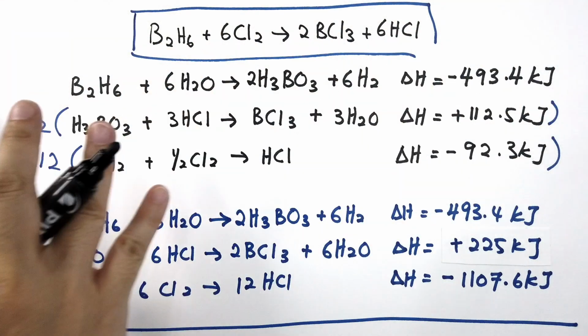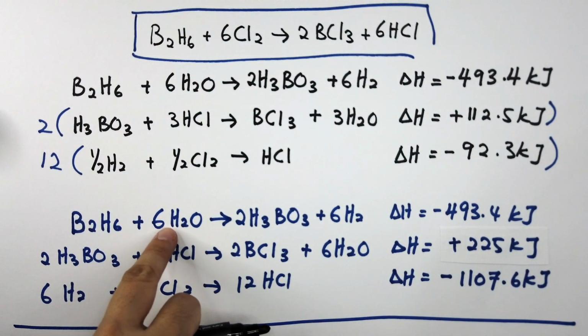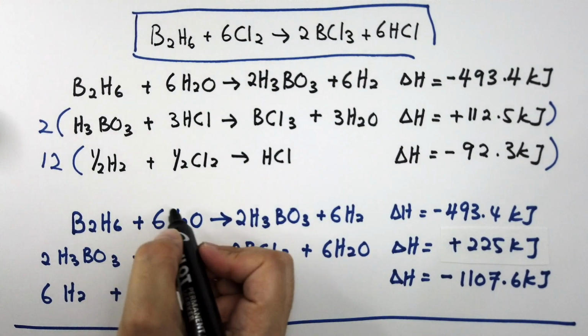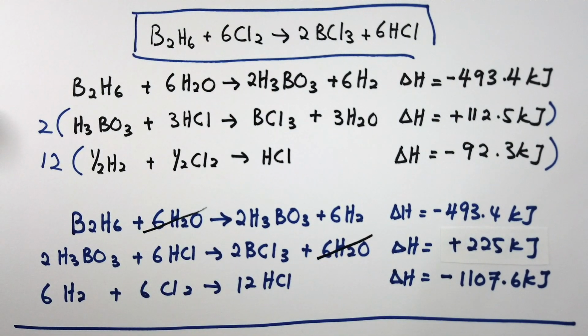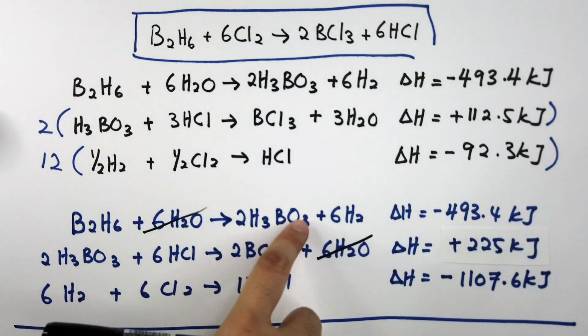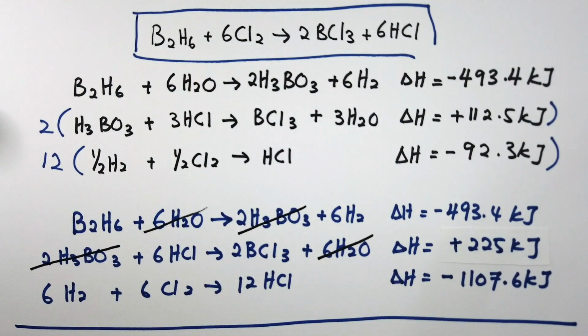H2O is not related to the target equation, so you have 6 H2O at the reactant and 6 H2O at the product, so you can slash these 2 out. Then we do not need the H3BO3, so we have 2 H3BO3 at the reactant and 2 H3BO3 at the product, so we slash this out as well.